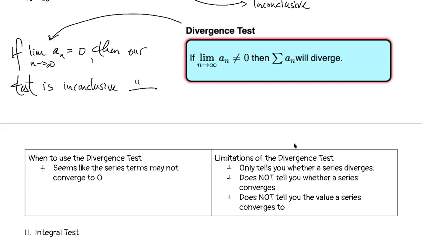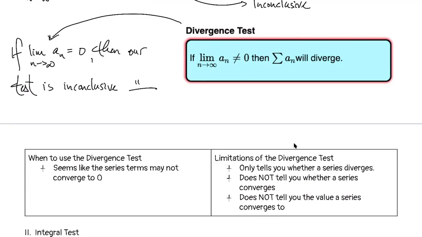So in quiz number 13, if you haven't taken a look at it yet, I just put it up last night, so it's okay if you haven't. There are a few questions in the beginning where I say use this test, use this test. But in the second half of the quiz, I give some series and ask you to choose 2 tests to use to find out whether it converges or diverges.